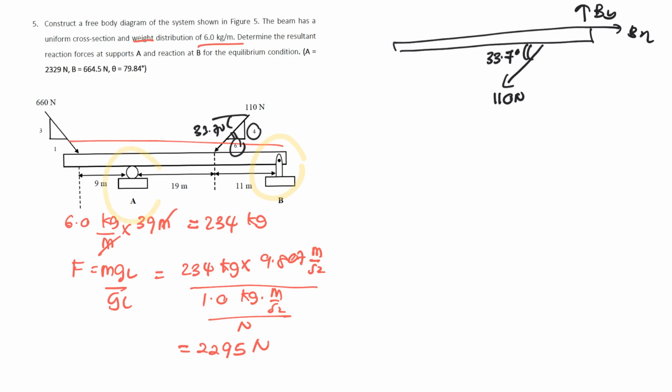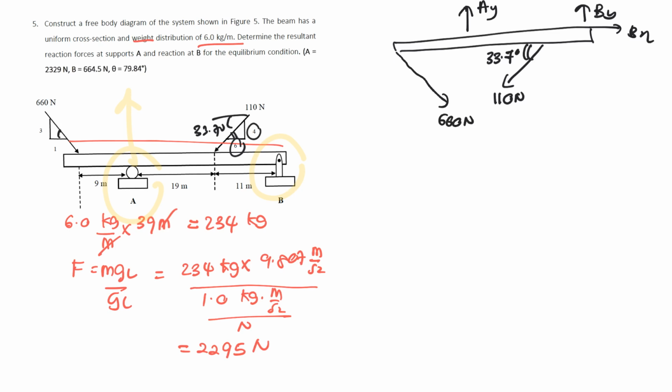Next, for A, the direction is definitely going to be upward. I put it as A, or you can actually put it as A_y, because there is only one axis. Next, there is 60 Newton, so it's always going to be upward.